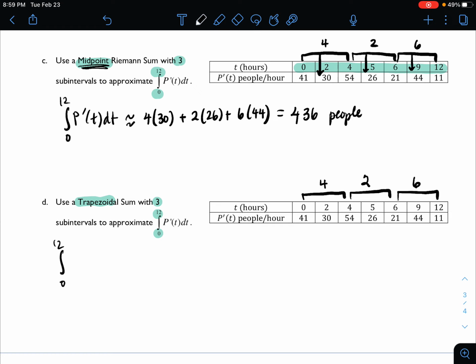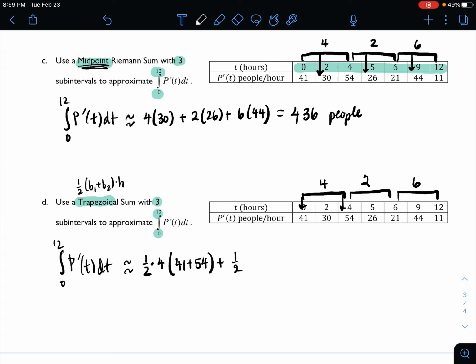What will be different though is that we have to do a trapezoid area for each interval. So remember that formula once again is 1/2 base 1 plus base 2 times your height. You can put the height at the front if you want. So plus 1/2 times, I'm going to go ahead and do my height first, 4. My base 1 and base 2, I'm going to use both of my endpoints, 41 and 54.